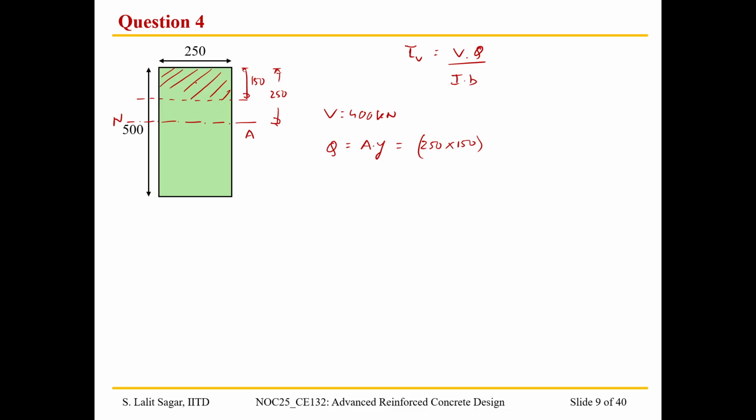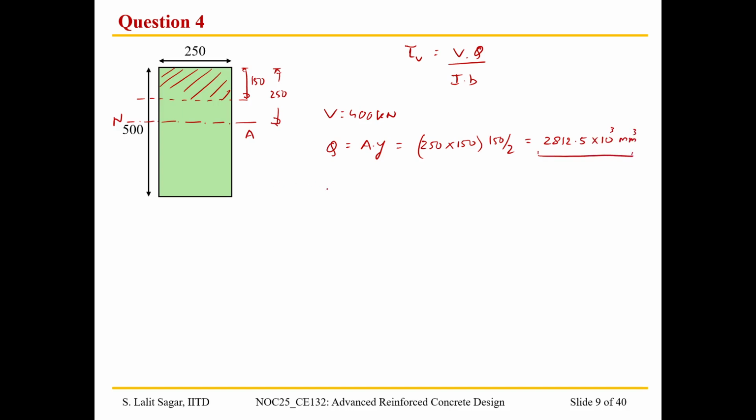So we need to consider the centroid at which the center of gravity of this area lies, that is 150 by 2. So that will give us a value of 2812.5 into 10 to the power 3 mm cube.